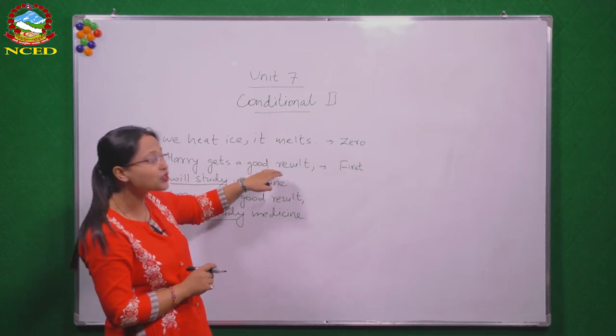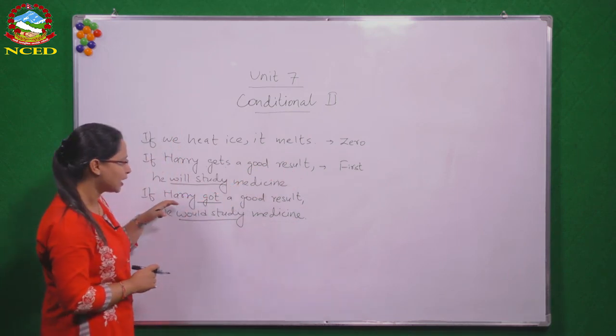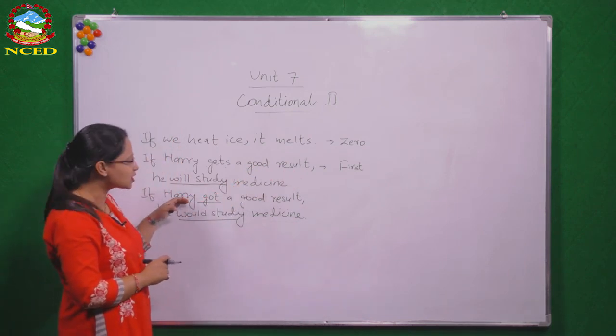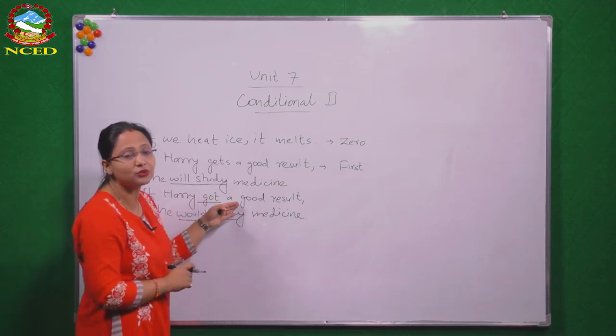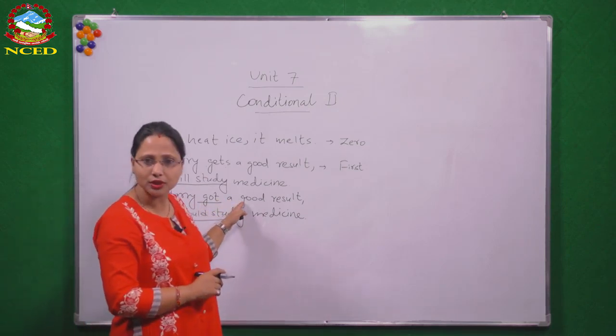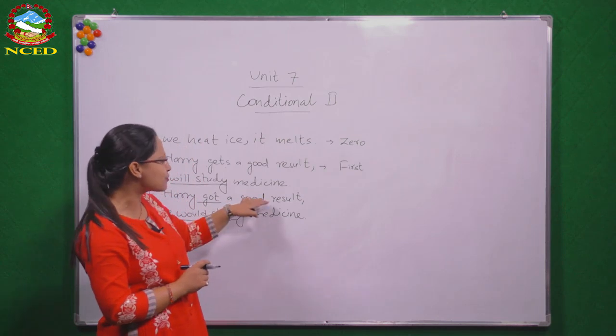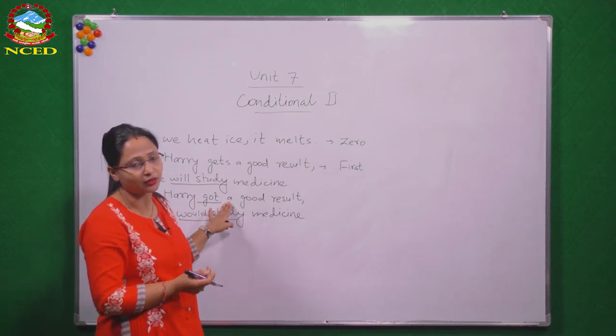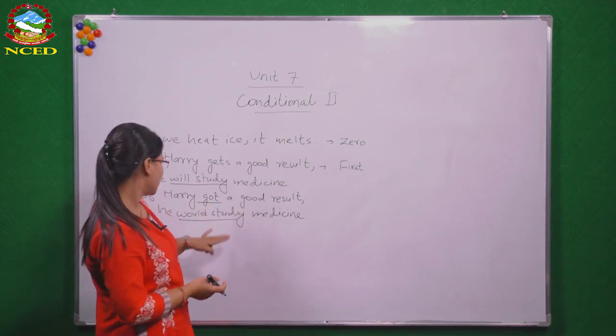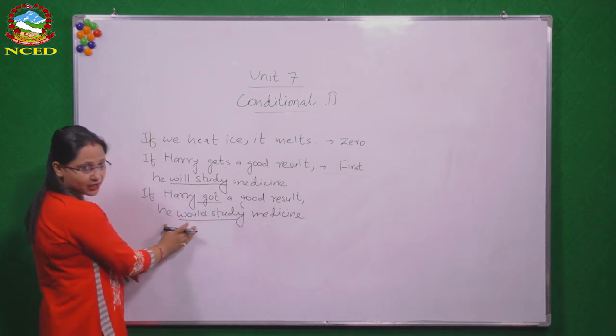It's about possibility, but here it doesn't seem possible for Harry to get a good result. Harry is not that good a student, so the possibility of him getting a good result is nonexistent or very low. So that is the meaning of this sentence.